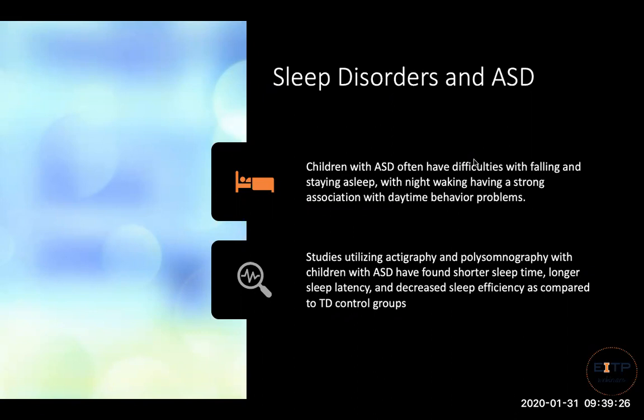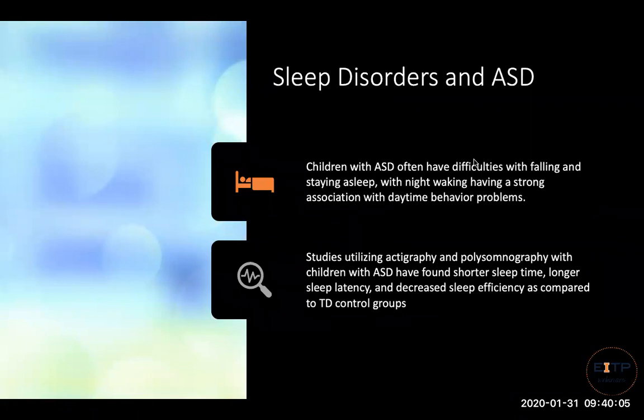Children with autism can have difficulties staying asleep or falling asleep. Those are the two main concerns from parents. There are studies using objective measurements of sleep, like actigraphy, which is like a watch that you can put on the kid when they go to bed, and polysomnography, which is a device with leads attached to the kid that record breathing and brain activity.